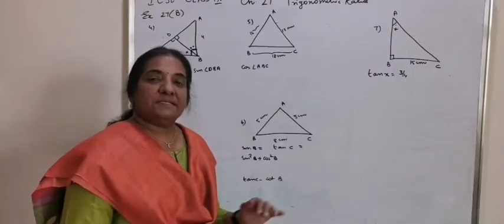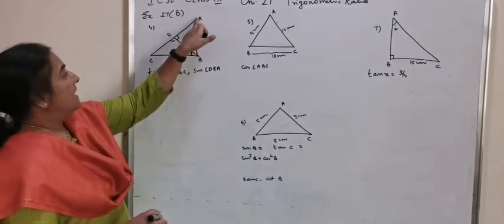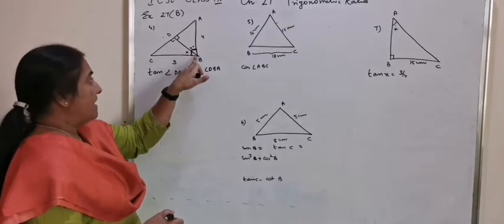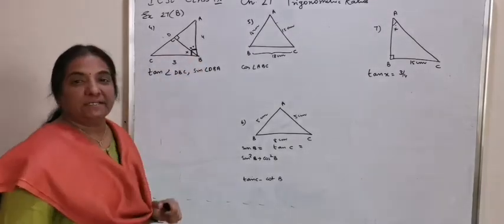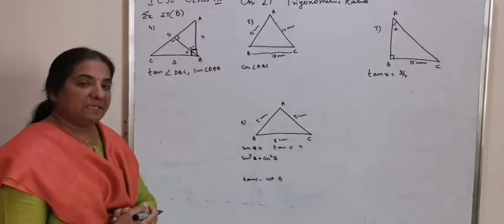Question number 4, similar to question number 3. That is triangle ADB. You can see it as a smaller right triangle. In the same way CDB is another right triangle and ABC is the bigger right triangle.